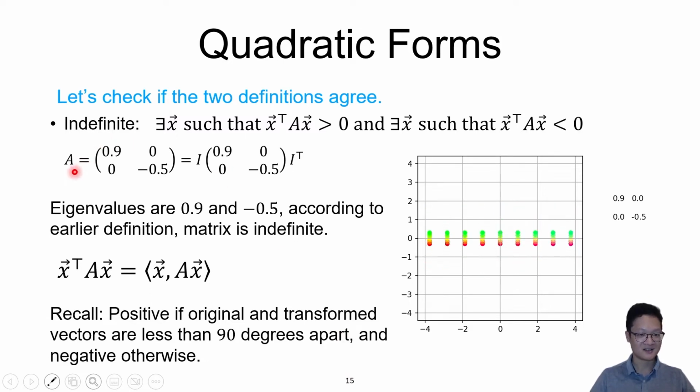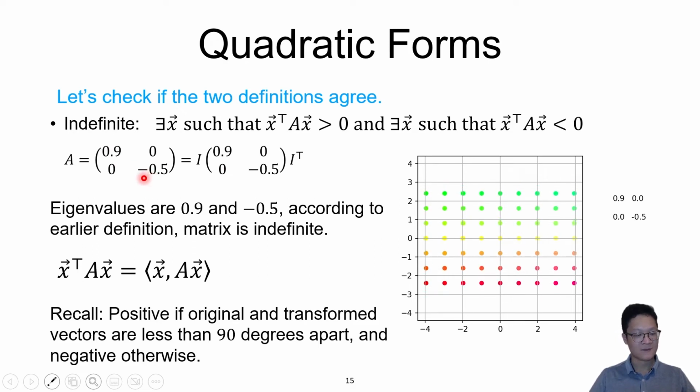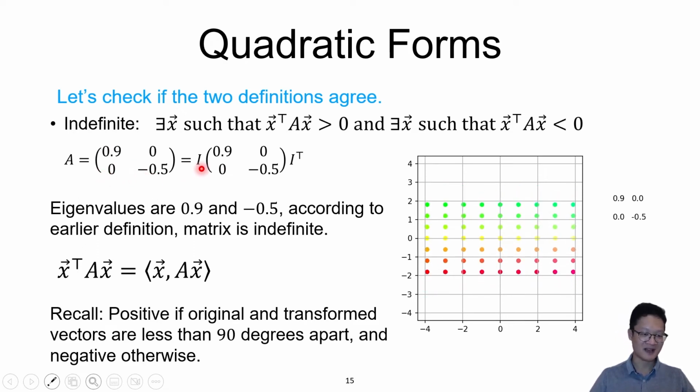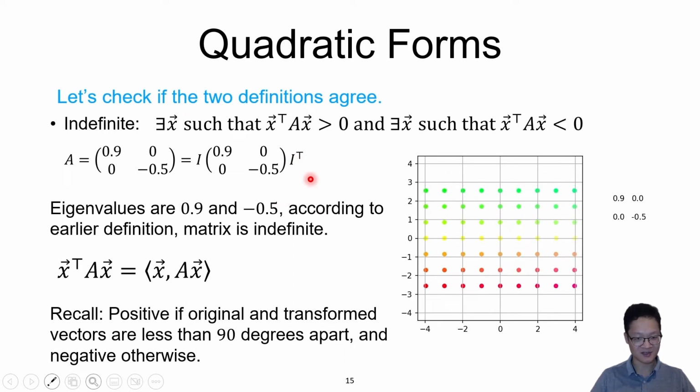So here, consider this A matrix, which is diagonal with 0.9 and negative 0.5. We can also rewrite this matrix as identity times the matrix times identity transpose. And the point of doing that is to make the expression look like an eigen decomposition.